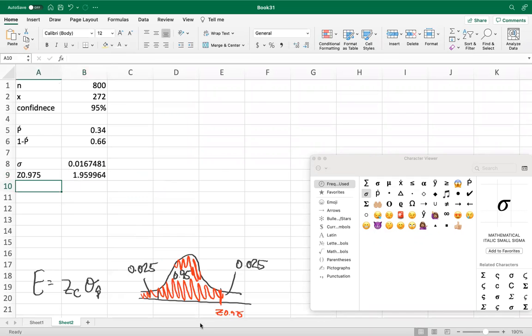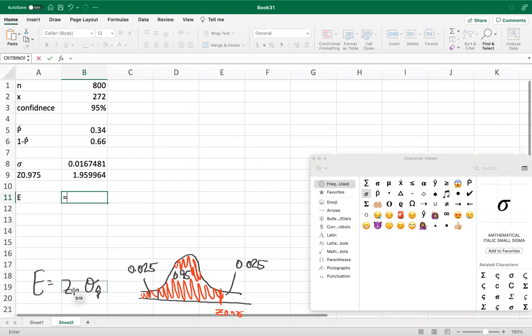And there we go, this is our z-score. Now that we have that, we could construct our confidence interval, or at least find out what E is. E is equal to our critical value times our standard deviation.